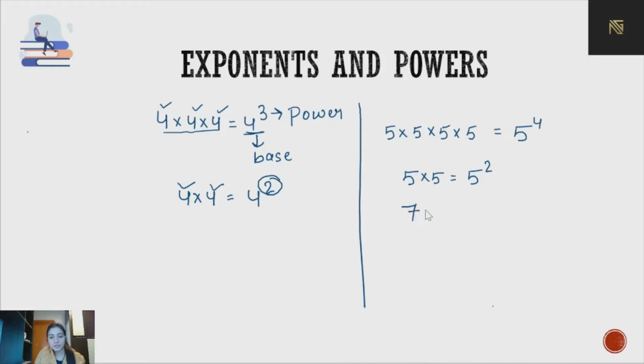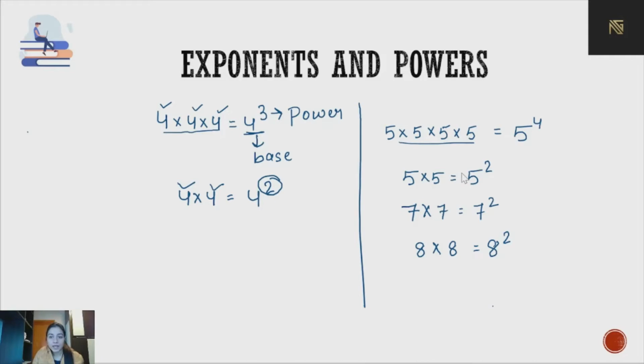When we have 7 times 7, it will be 7 to the power 2. 8 times 8, 8 to the power 2. So, you know how to express this kind of expression in exponential form.